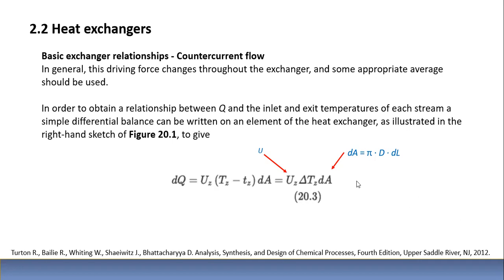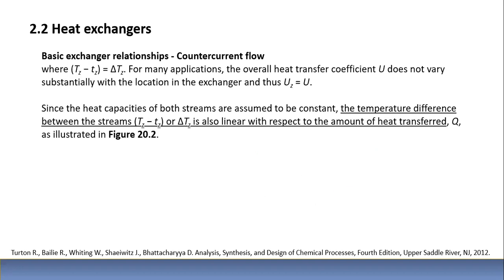That will represent the area, the wetted perimeter, and not the cross-sectional area. Where big T(z), the hot stream, minus small t(z), the cold stream, on a differential length, that's what you see there, is delta T(z).